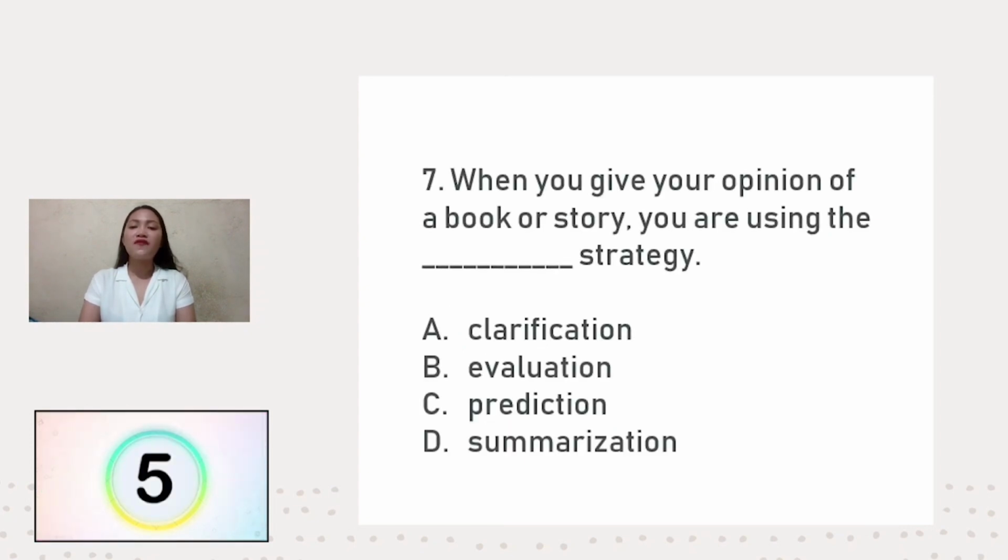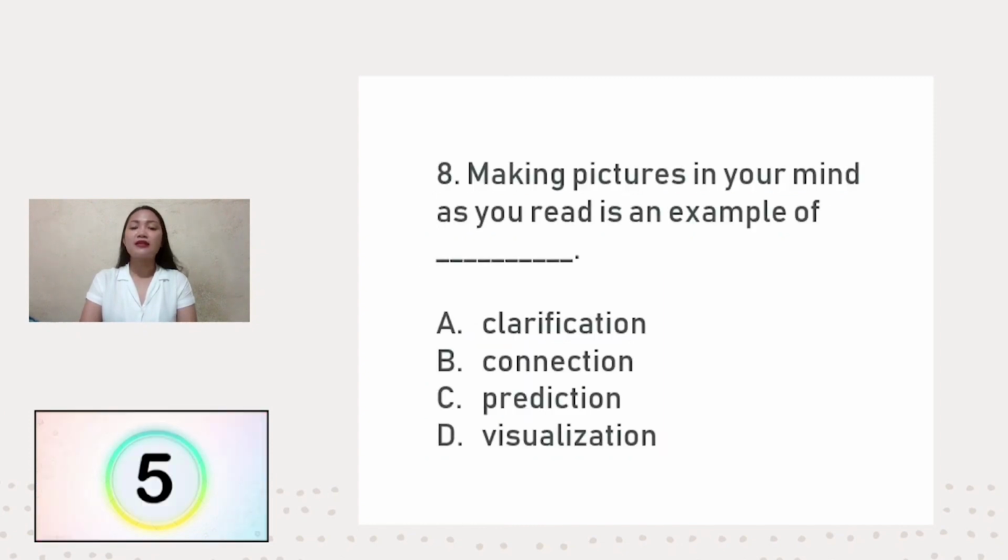Number 7. When you give your opinion of a book or story, you are using the blank strategy. A. Clarification. B. Evaluation. C. Prediction. D. Summarization. Number 8. Making pictures in your mind as you read is an example of A. Clarification, B. Connection, C. Prediction, or D. Visualization.